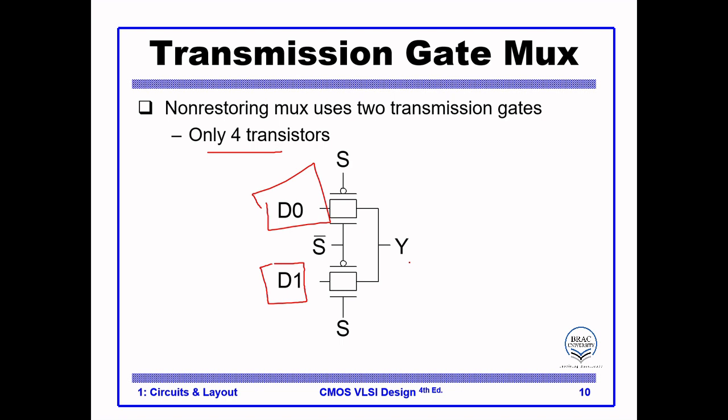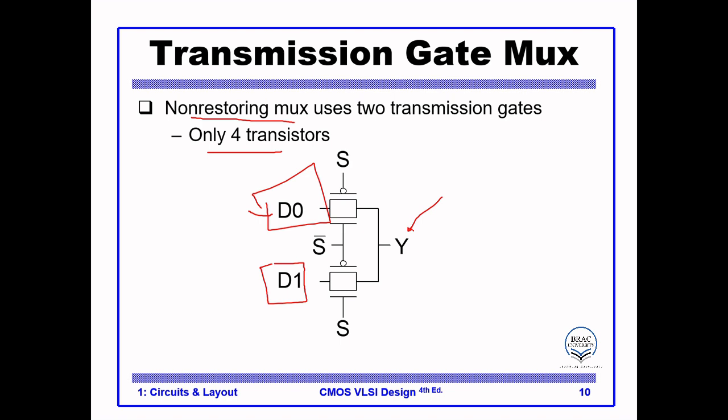So this will be our transmission gate 2 to 1 mux, but the problem here is that this will be a non-restoring mux, which means that if we have a noisy input, our output will also be noisy. That is the only drawback compared to the previous example.